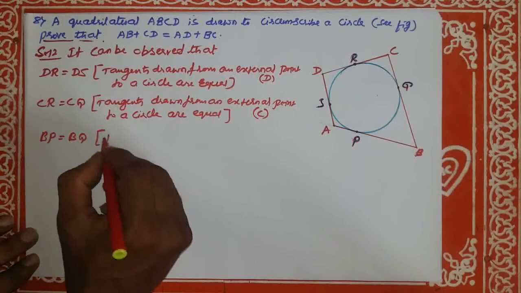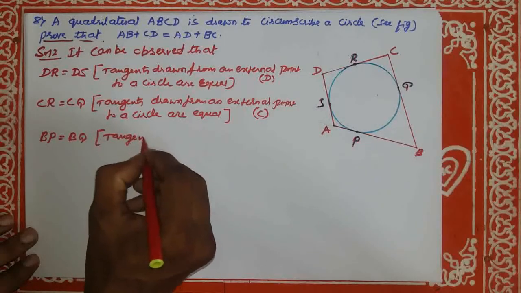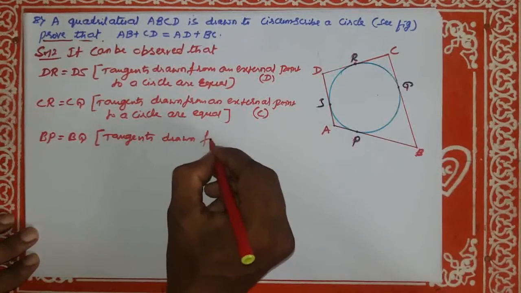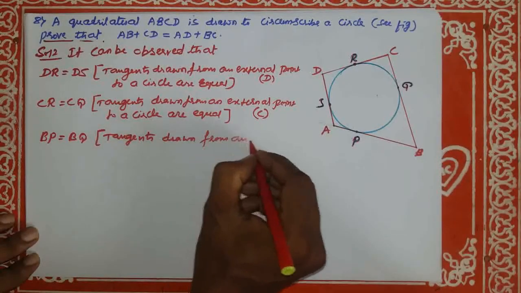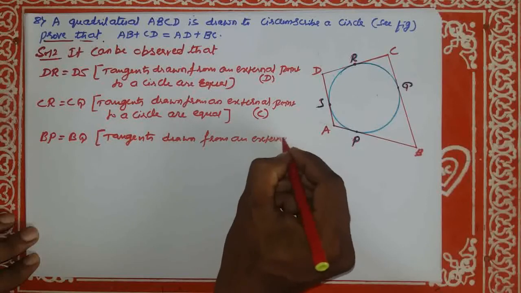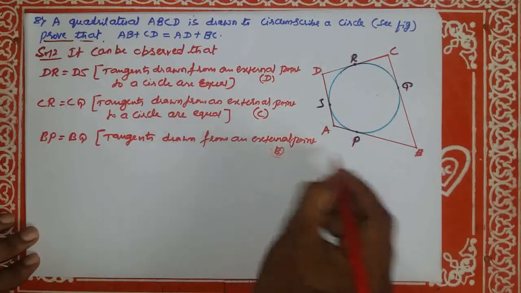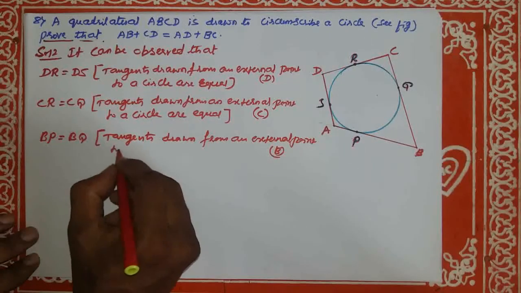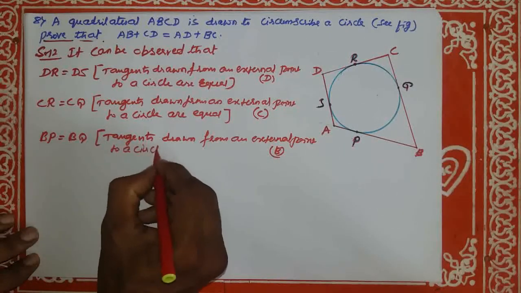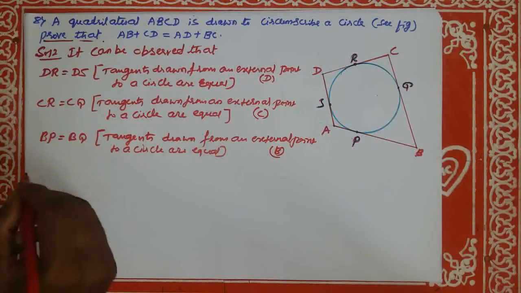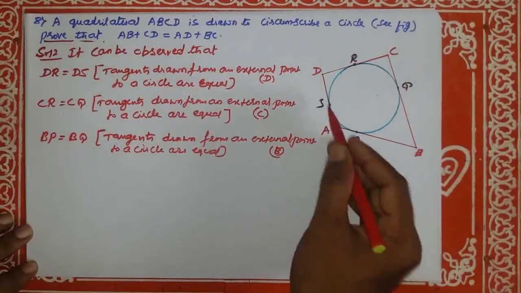This is also the same: tangents drawn from an external point B to a circle are equal. Next we can take AP is equal to AS.